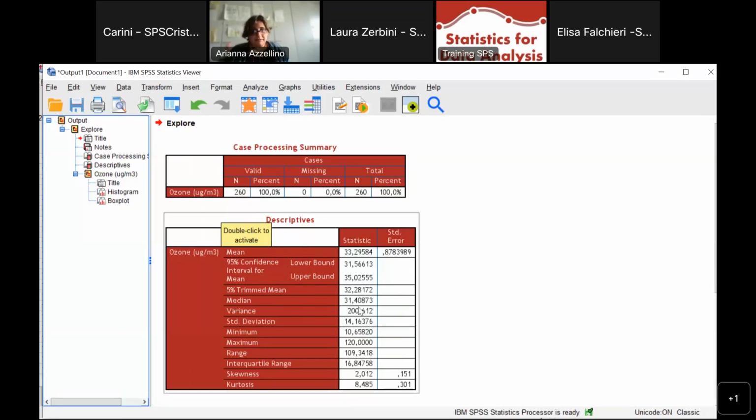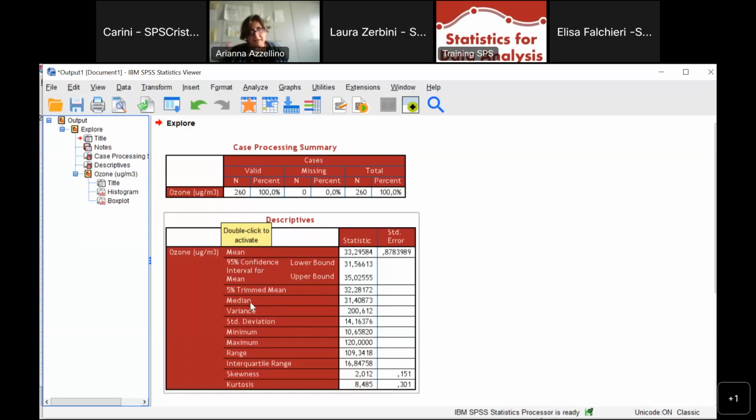I might be undecided whether to consider such a difference between mean and median, which are both central tendency indicators, important. I have another warning here. Since associated to the sample mean, I also have the confidence interval for the mean.